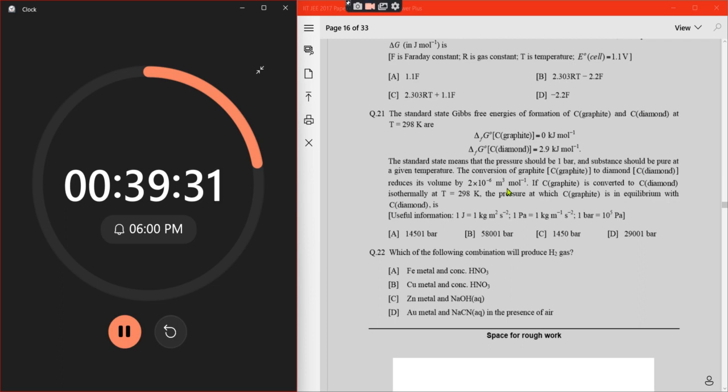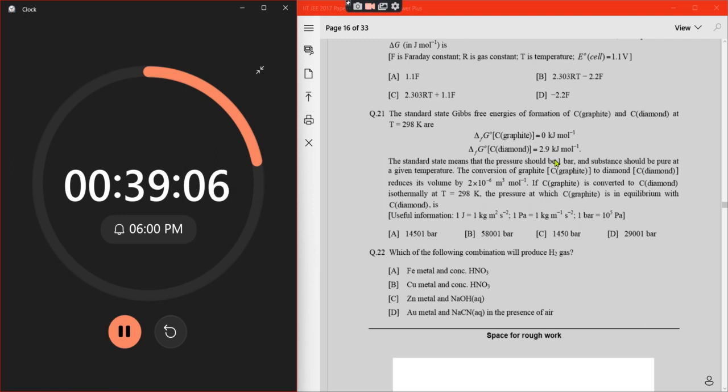Just at 1 bar, say, right? 1 bar is how much? It's not 1 Pascal. I guess 1 bar is just 1 atmosphere, right? Yeah. So just 10 power 5 Pascal, okay, got it.